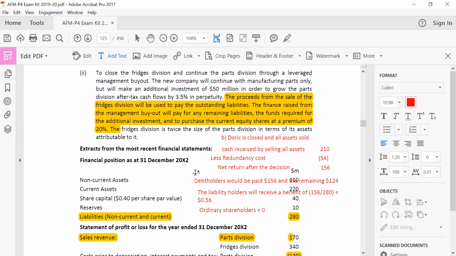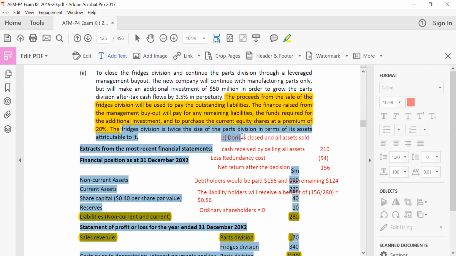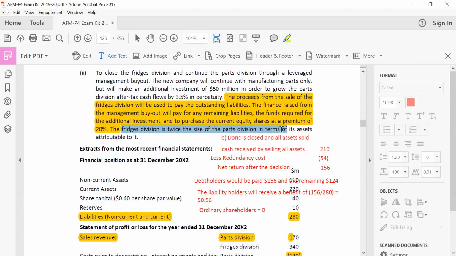But mind you, the total asset of the company was 3, but the fridges division took 2/3. That means the parts division is left with 1/3. Where is that information here? It appears you are only inputting your figures and assumptions to solve the question. The fridges division is twice the size of the parts division in terms of its assets.